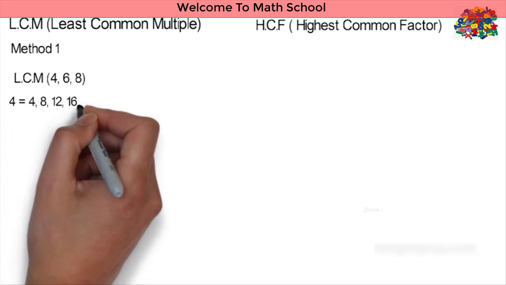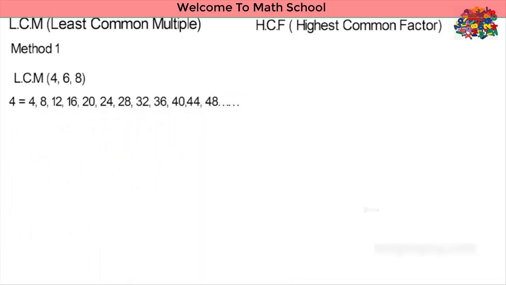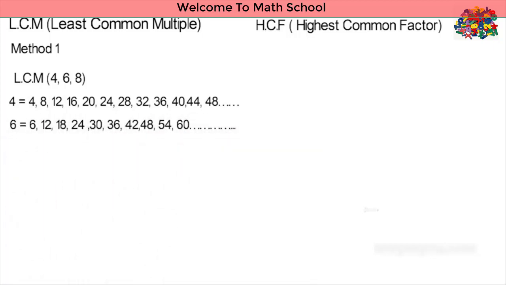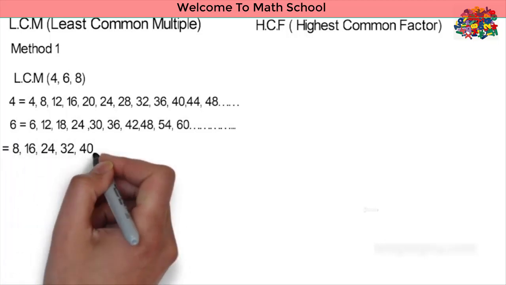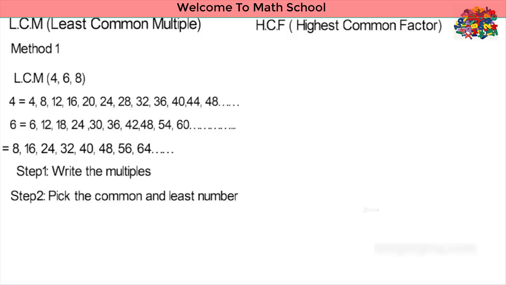Multiples of 4: 4, 8, 12, 16, 20, 24, 28, 32, and you can go on till 40. Similarly for 6: 6, 12, 18, 24, 30, 36, 42, till 60. For 8: 8, 16, 24, 32, 40, 48 and so on.